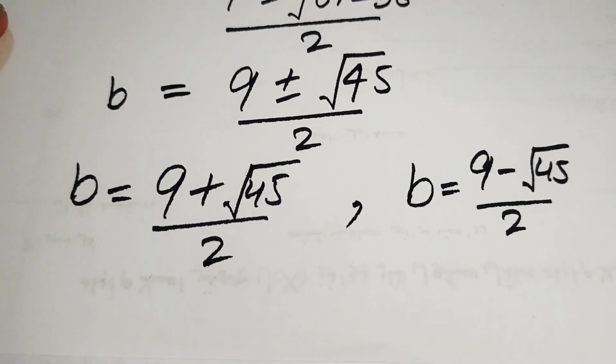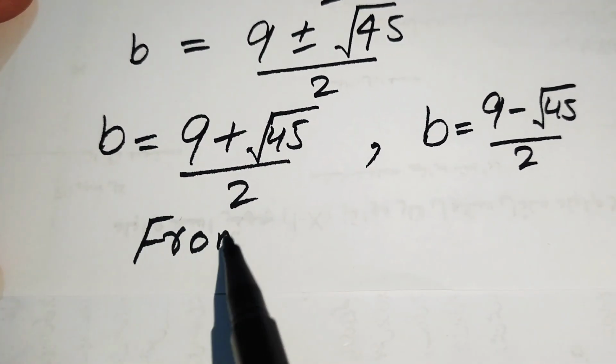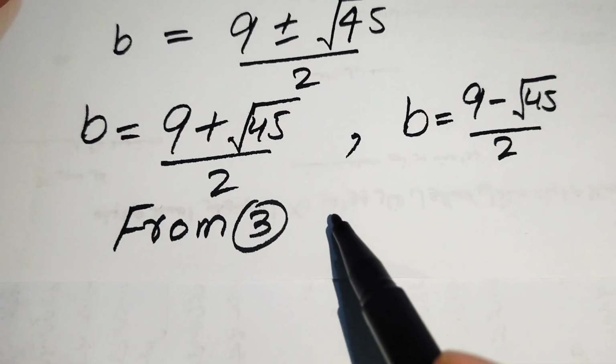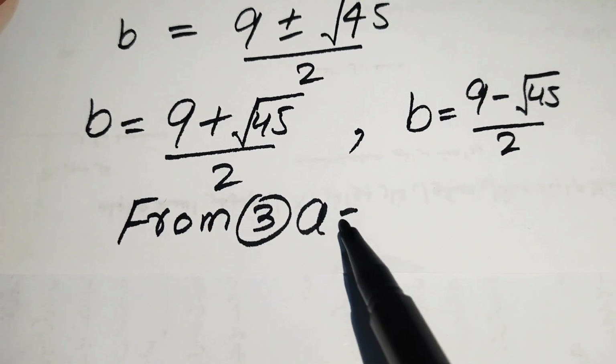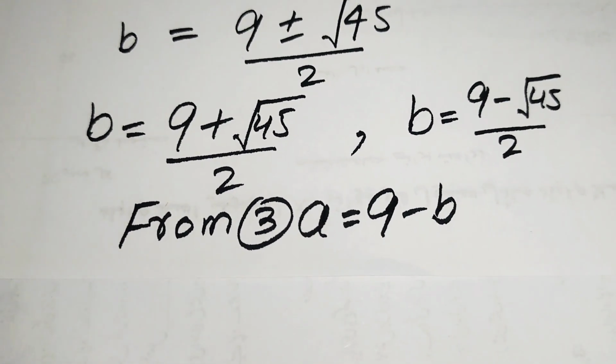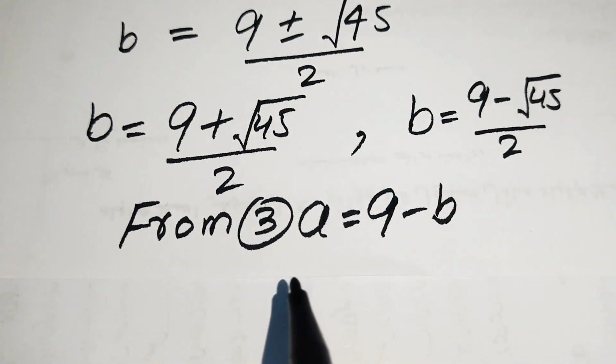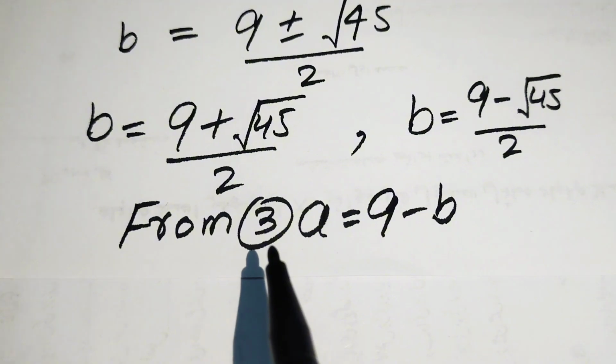Now we copy down equation number 3, a equals 9 minus b, and substitute both values of b to get the corresponding values of a.